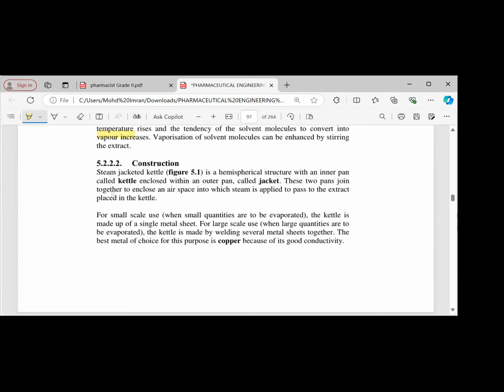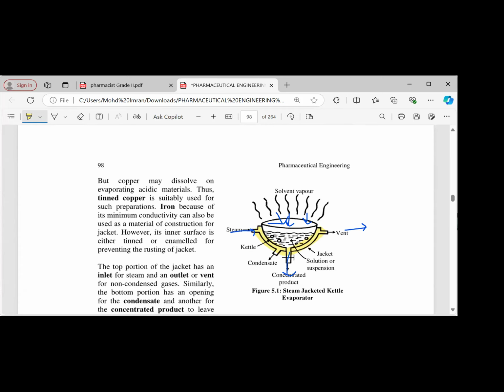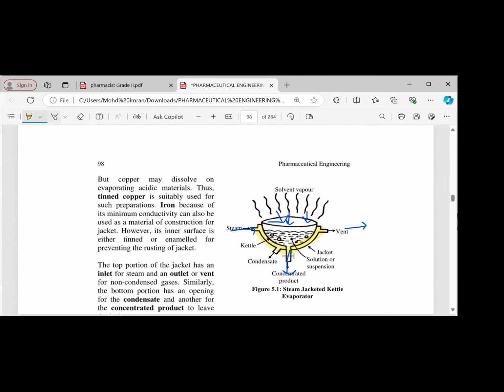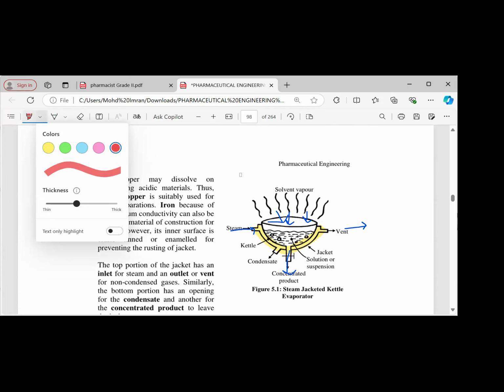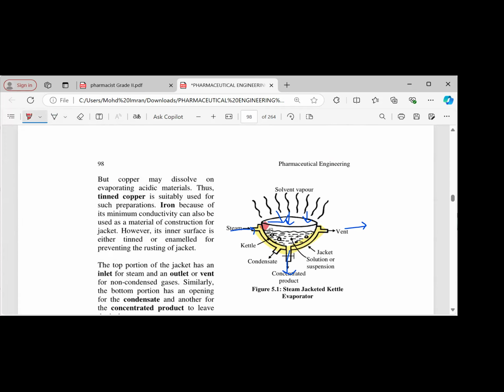See the construction, very simple, as shown in the figure. A steam jacketed kettle is a hemispherical structure with an inner pan called the kettle, enclosed with an outer pan called the jacket. In this case, the inner pan, which I am marking in red, is the kettle, and this outer pan is the jacket.